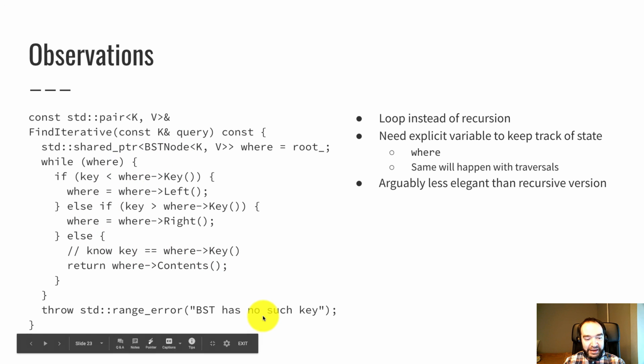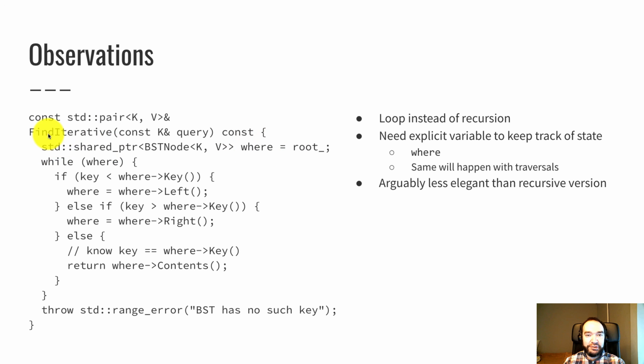The 4th case is how the loop ends. There's this extra where variable that changes. There's a while loop. So, I mean, it's not bad, but I don't think it's quite as clean and pretty as the recursive code. But both work. They both work, and I can't knock either one of them. They both have the same asymptotic runtime, big O of h, proportional to the height of the tree. So they're both viable alternatives.